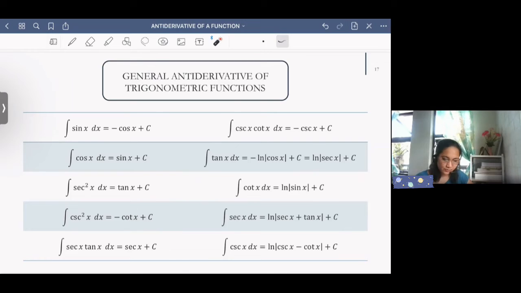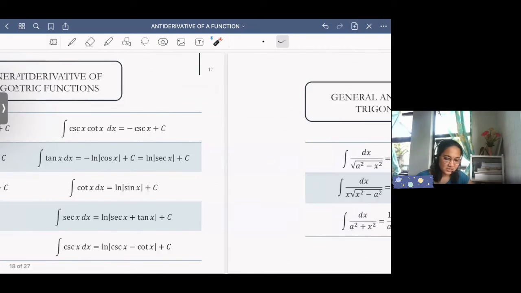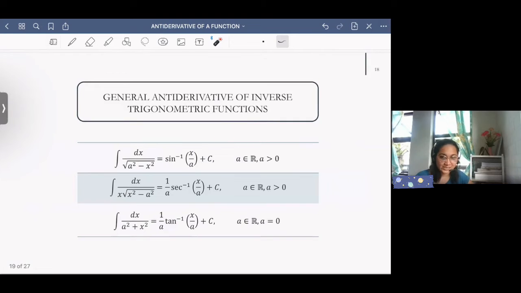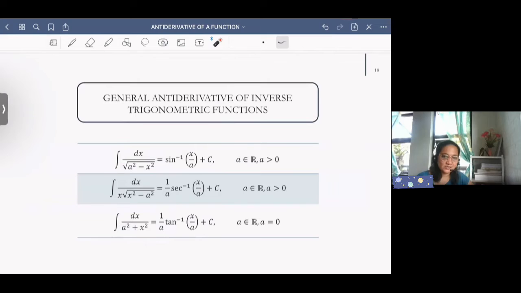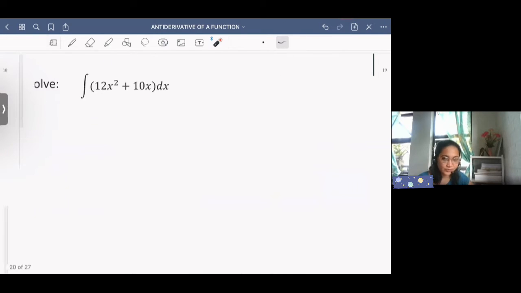Alright? You also have the integral of cosecant x cotangent x with respect to x, that's negative cosecant x plus c. Aside from these trigonometric functions, you also have the inverse trigonometric functions. Let's go to these examples.